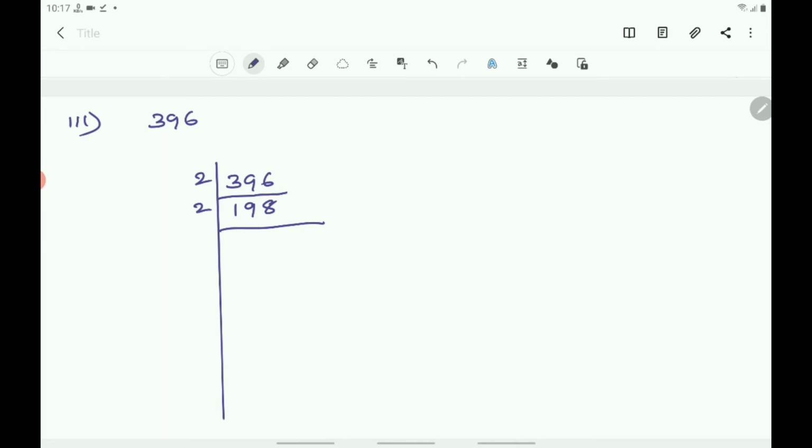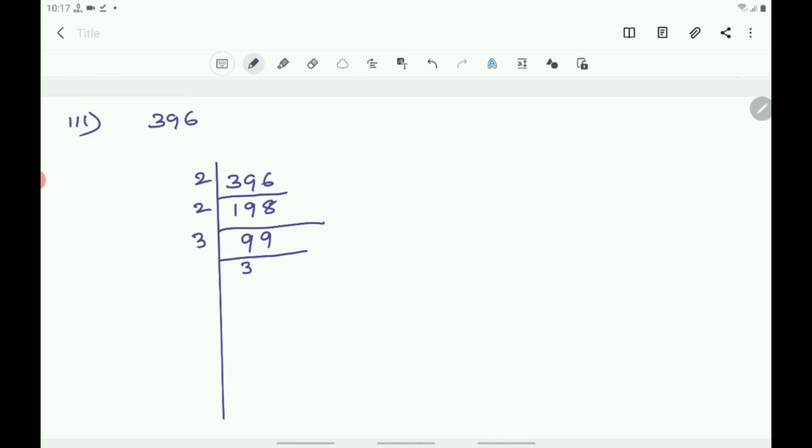198 is also divisible by 2, so you write 2 nines are 18. Here 99 is not divisible by 2, but it is divisible by 3, because 9 plus 9 is 18. 18 is divisible by 3, therefore 99 is also divisible by 3.